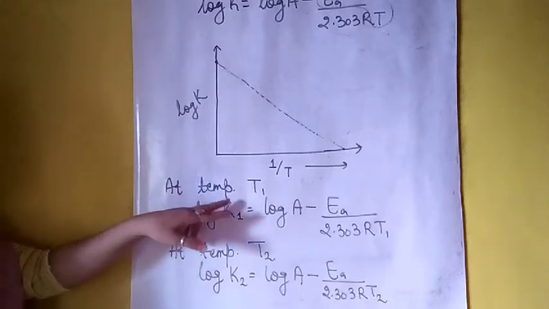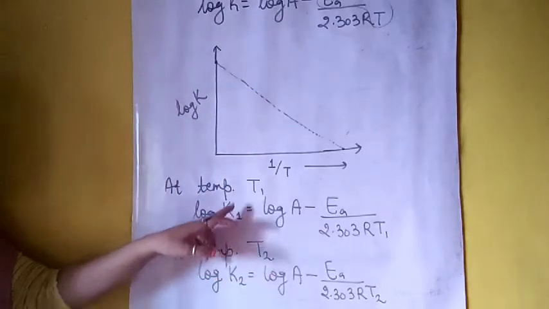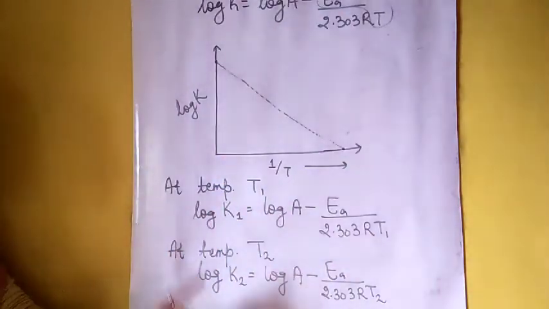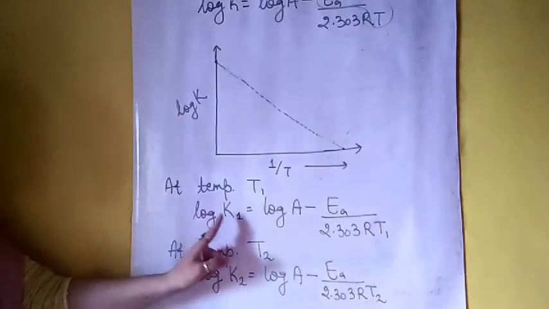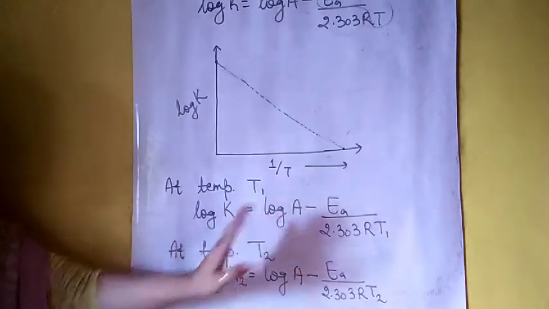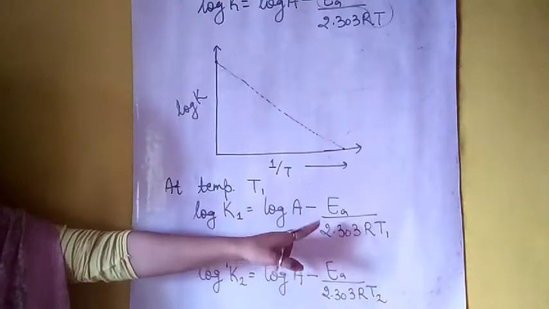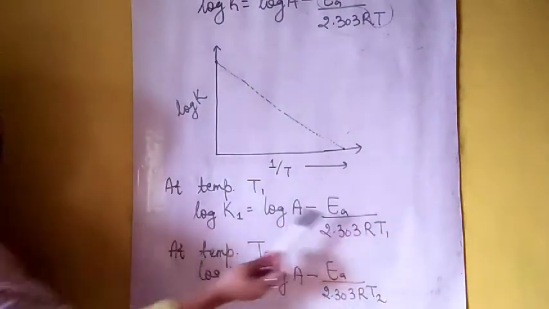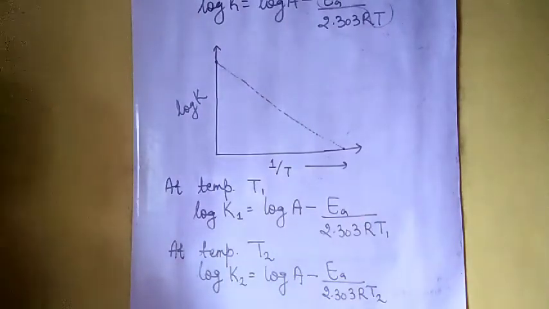At temperature T1 the equation will become log K1, because if the temperature alters, the rate of reaction will also alter. That means the rate constant will change. So at temperature T1, log K1 is equal to log A, where A is the Arrhenius factor, that is constant, minus EA upon 2.303 R T1.